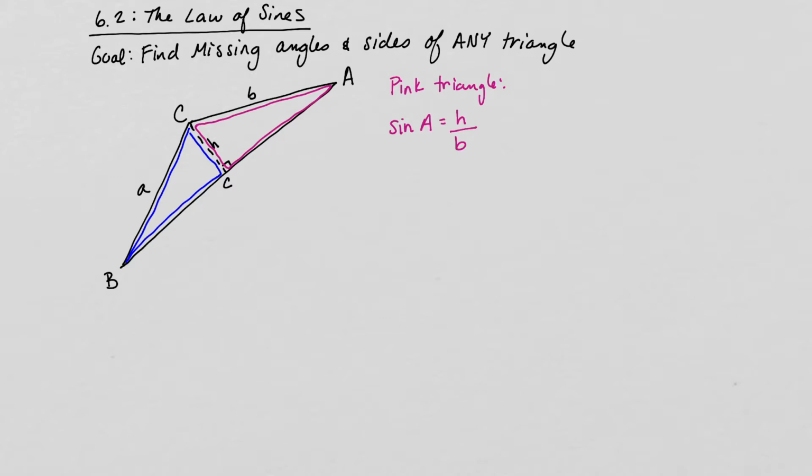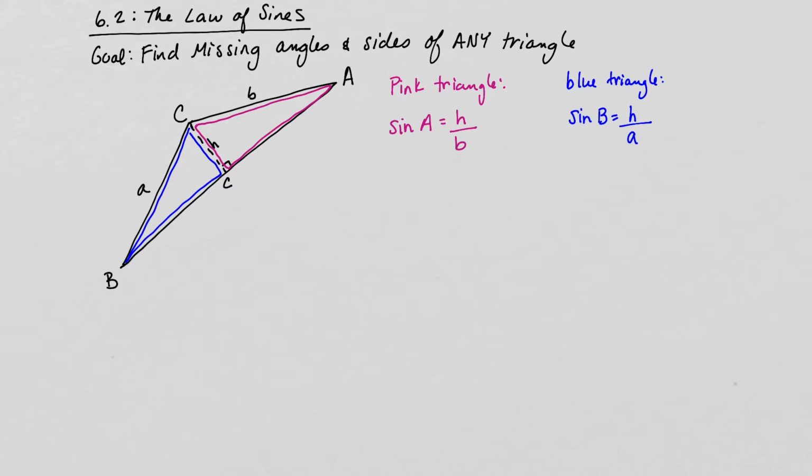And then I can make a similar relationship for the blue triangle. So in the blue triangle, the sine of B is going to be the opposite side, so h, over the hypotenuse, which in the blue triangle is actually a. So I have that the sine of A is equal to h over little b, and the sine of capital B is equal to h over little a.